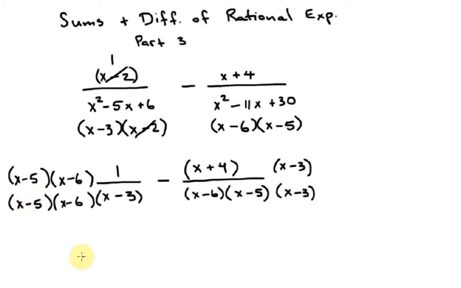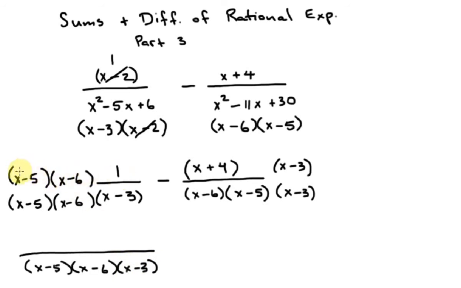Okay. So let's have a look at what we've got to work with here. So there's my first fraction, and it's got an x minus 5, x minus 6, and an x minus 3. Okay, what do we have on the top? Well, all of this stuff times 1.